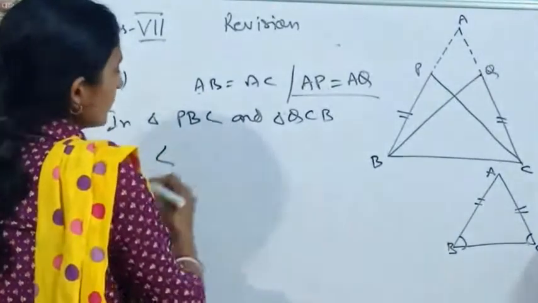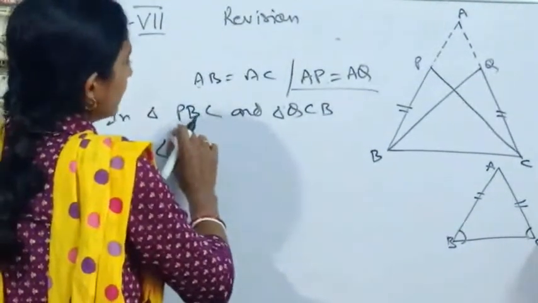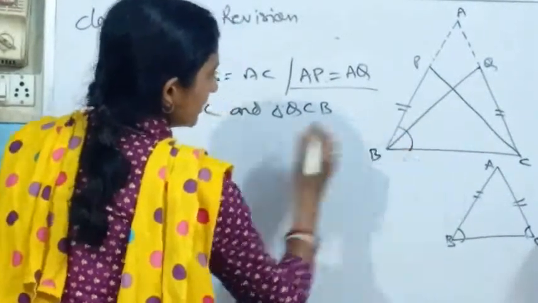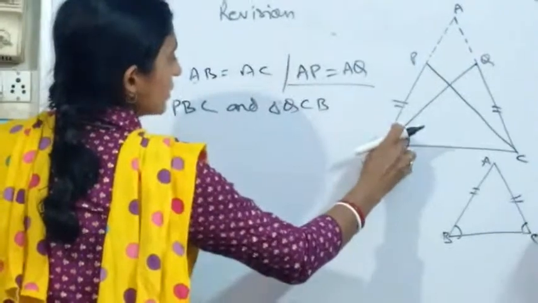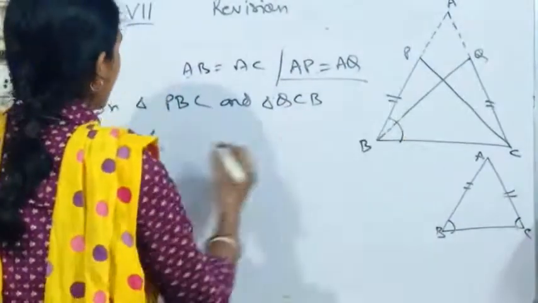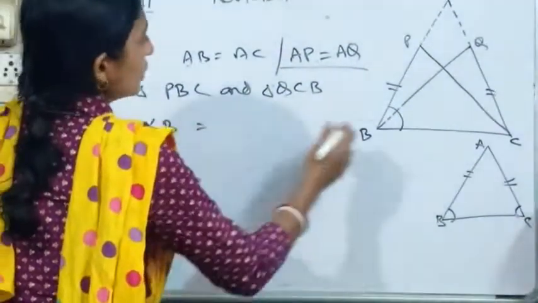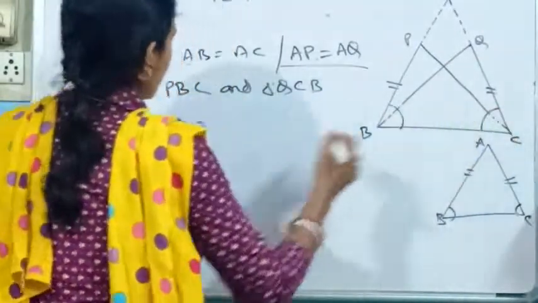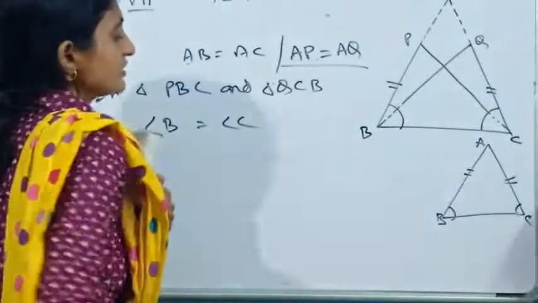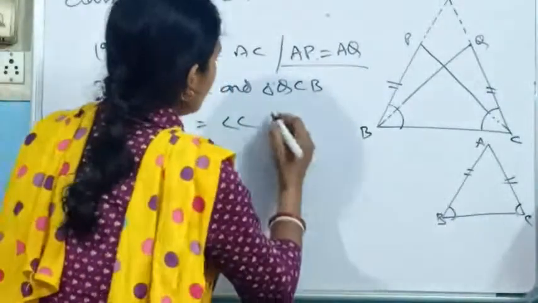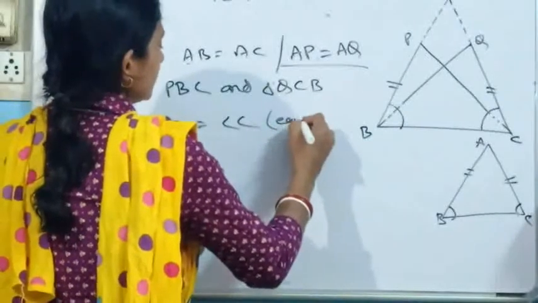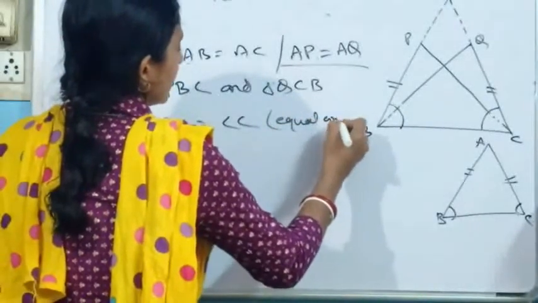So here from these two triangles, what are the things I can put here now? See, I can write from angle PBC, I can think about that angle. Okay, let's cut this one like that. So angle B, which is equal to here on that side angle C. If I am putting this one as dotted, I can write angle C, these two. How? Because these are equal angles by what?